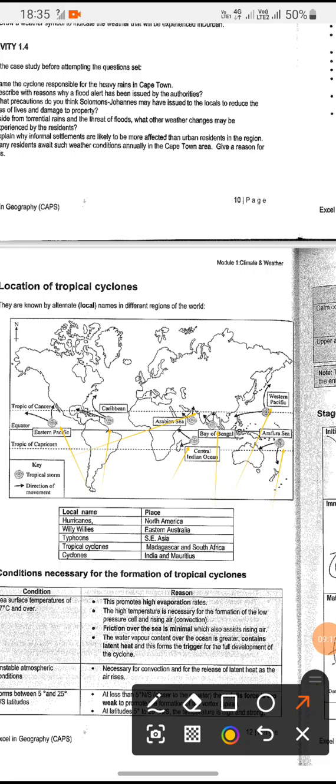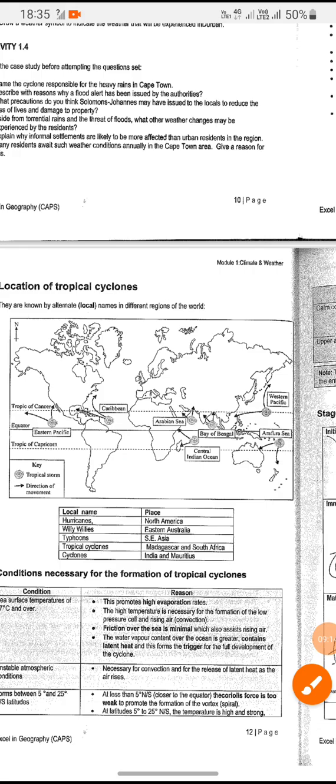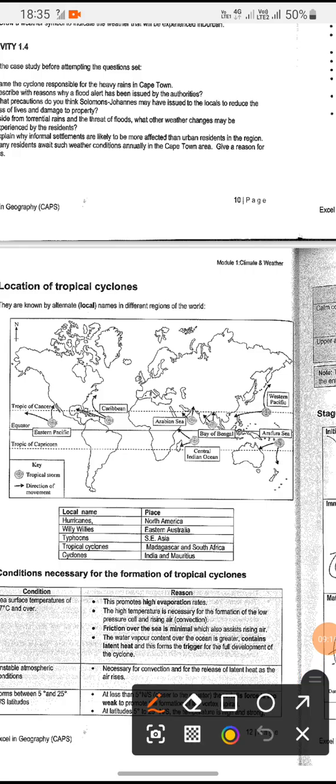Here in South Africa we call them tropical cyclones. South Africa and Madagascar, we call them tropical cyclones.